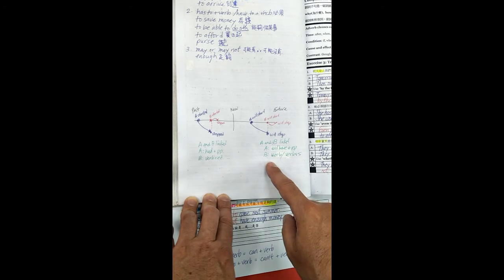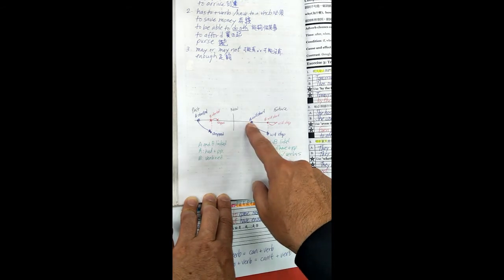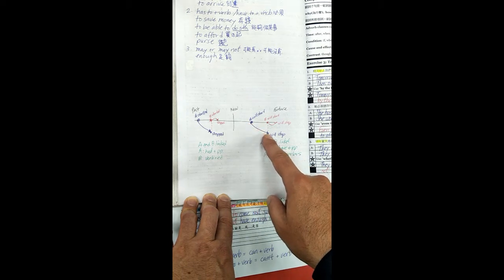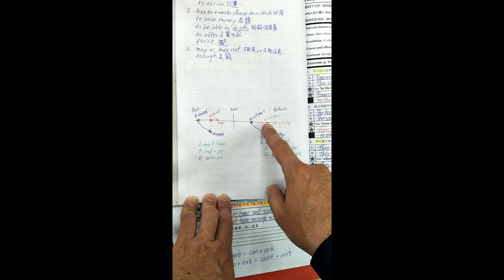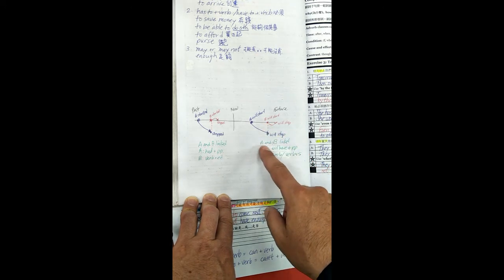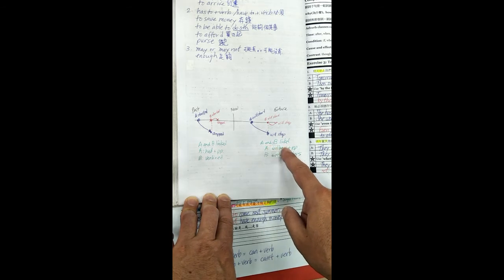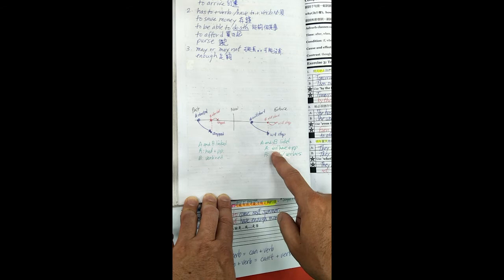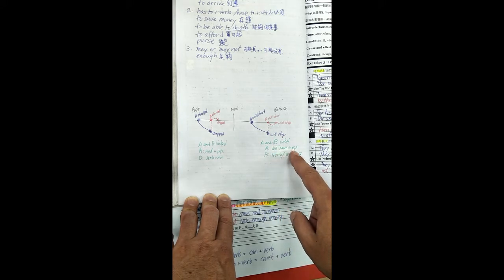The same thing happens in the future. We have A and B. A will start, A will stop. As soon as A stops, B will start, and B will stop sometime in the future. So A and B are linked. A will be future perfect, will have plus PP.